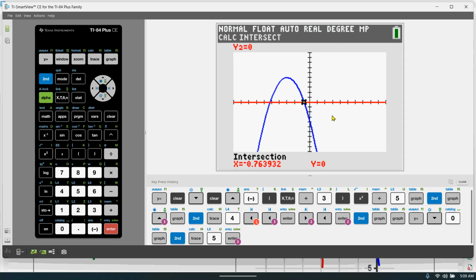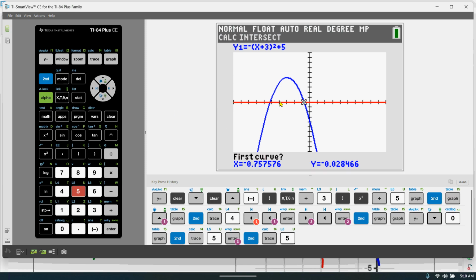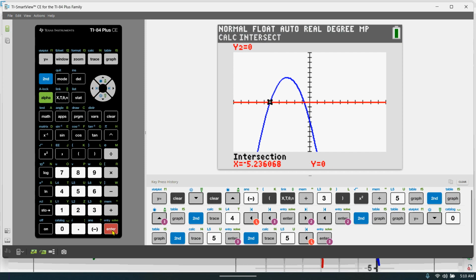Hit enter 3 times: 1, 2, 3. And there it is right here. It's at negative 0.763923. So you can put negative 0.76 for that one. But because I see there are 2 intercepts, I have to repeat those steps. Hit second trace, hit 5. But now I need to tell the calculator I'm moving to the left, so put the blinking cursor on the left side, hit enter 3 times, and then I get negative 5.236.